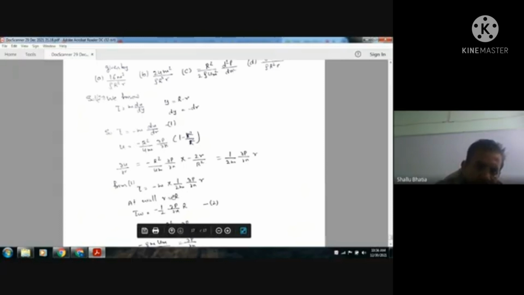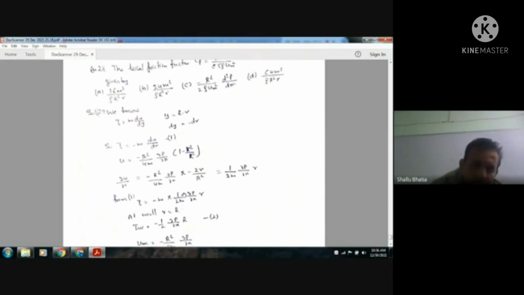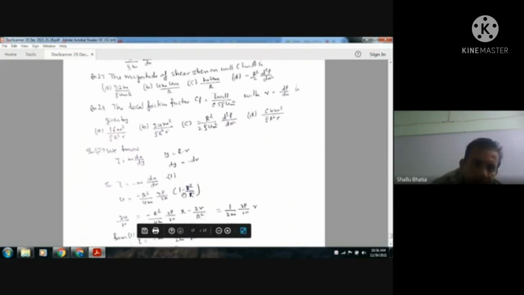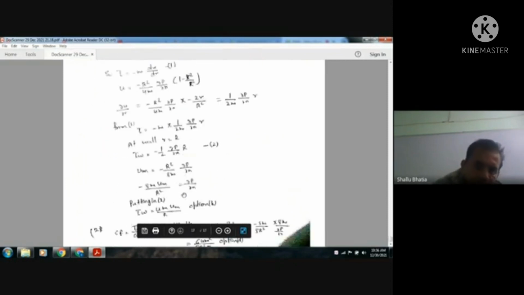When we take r equal to R, then you get the wall shear stress. Putting r equal to R, we get dp by dx as 8 mu um by R square, and then tau wall will be 4 mu um by R. So option B is correct.